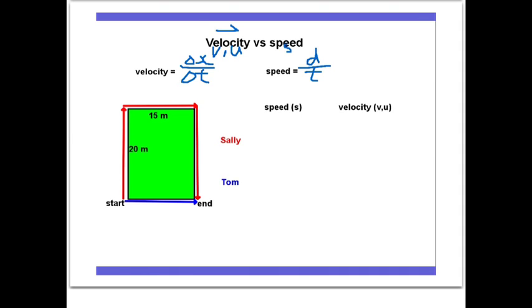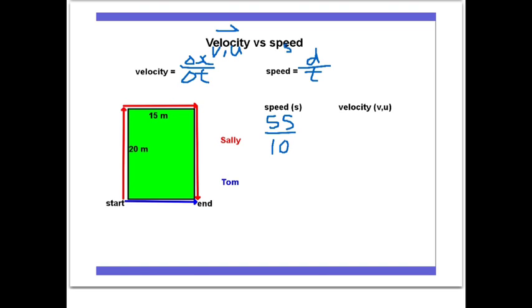So again, Sally and Tom. Sally having run all the way along here, her speed will be her distance over time. So you'll recall her distance was 55, and let's say they did this in 10 seconds.